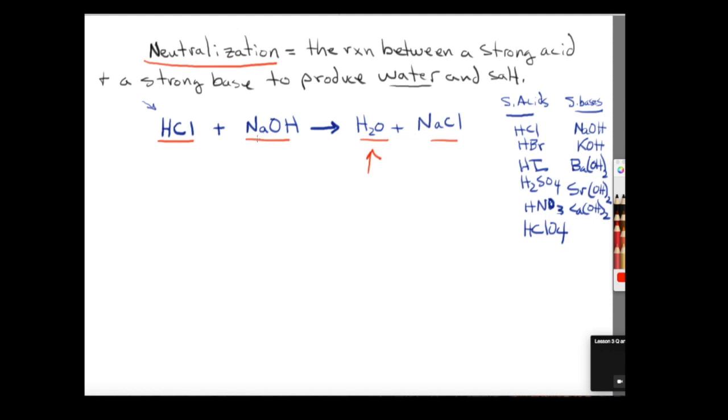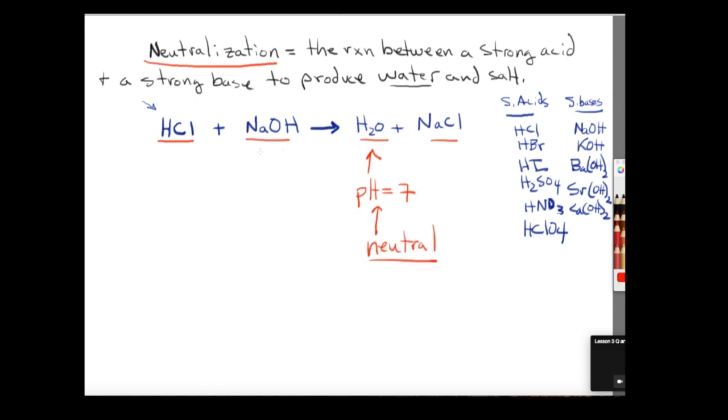You remember when you did this in the lab, your collection flask turned green? Yeah. And it was just salt water. So this is called neutralization because the pH of water is 7. And this is neutral.